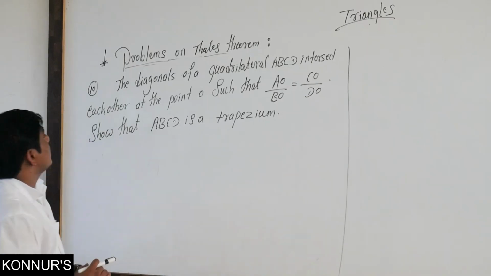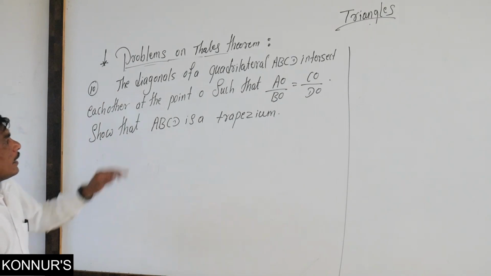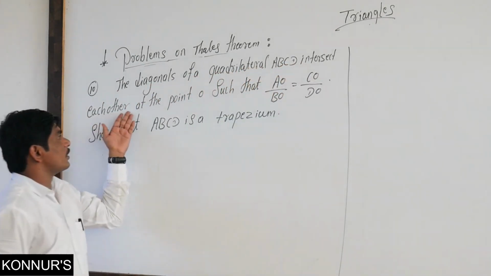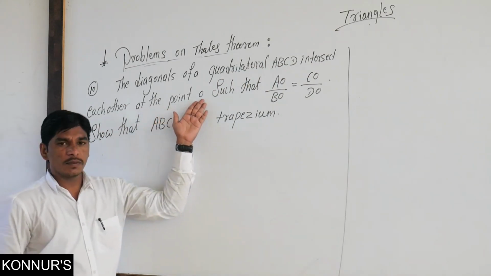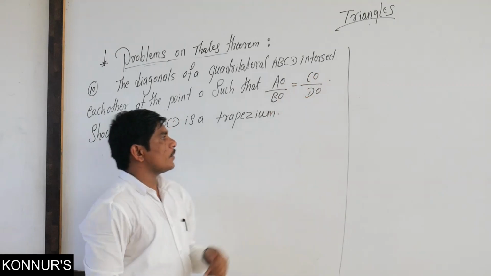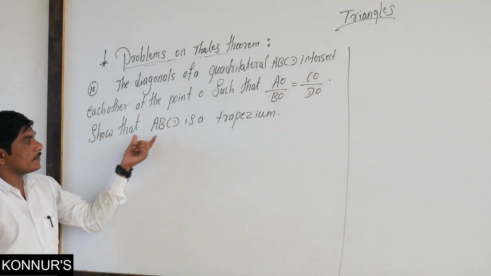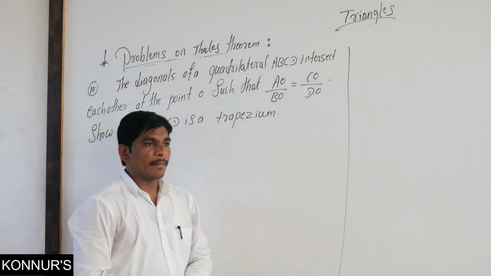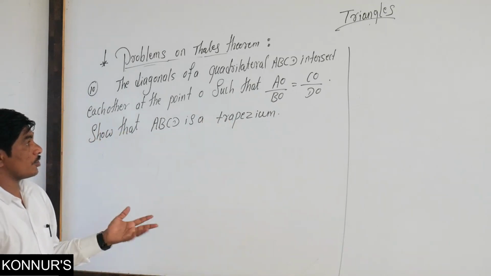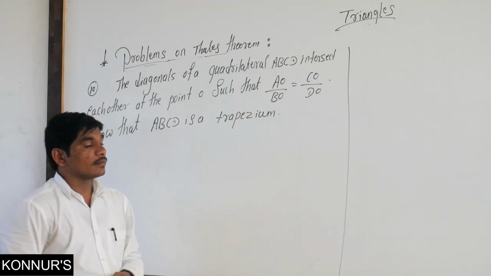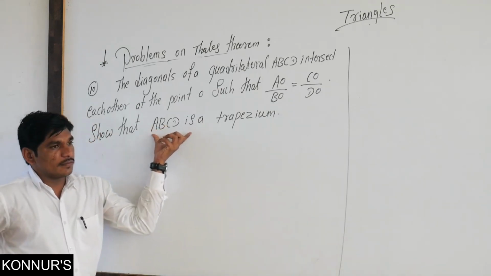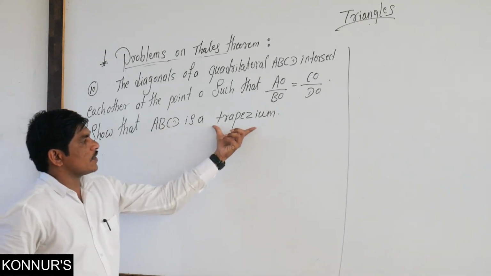Next one. The diagonals of a quadrilateral ABCD intersect each other at the point O such that AO by BO is equal to CO by DO. Show that ABCD is a trapezium. First, we understand that we have already solved the last question. This is the converse. Here, trapezium: I have already explained the trapezium definition.